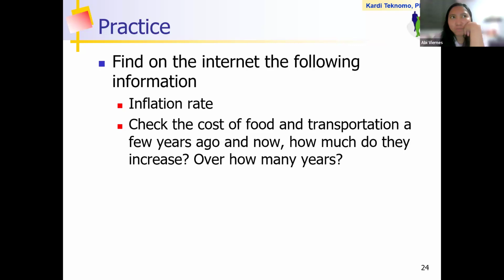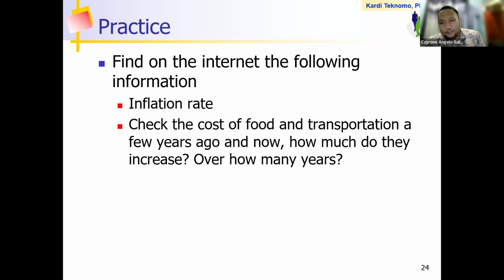I remember the jeepney minimum fare is 4 pesos. And now it's, I think, 12 or 13. When was that? 4 pesos, in 2005, I think.